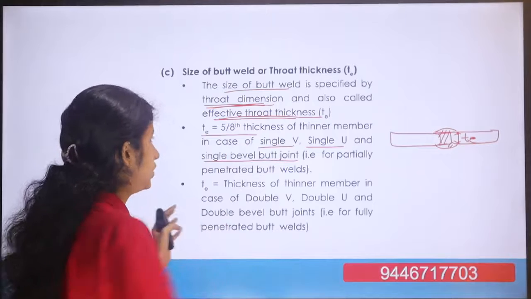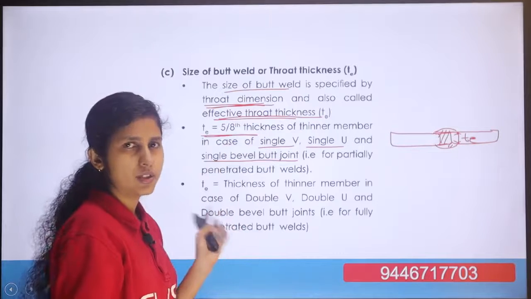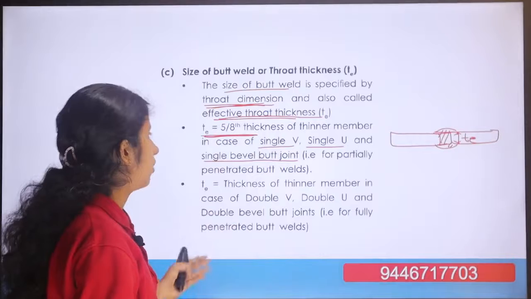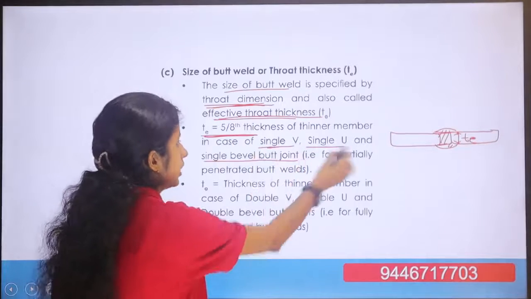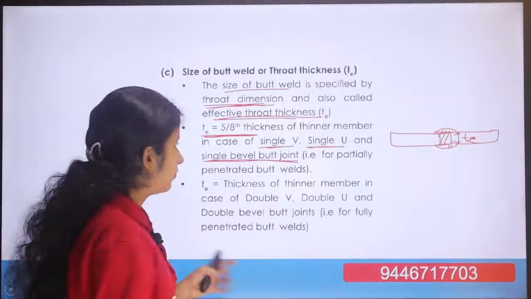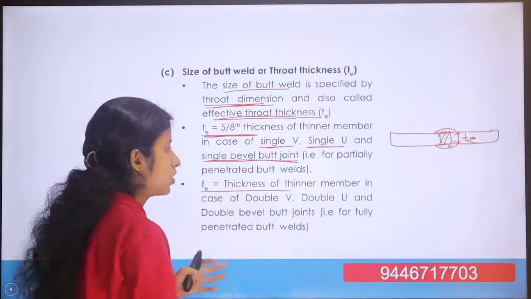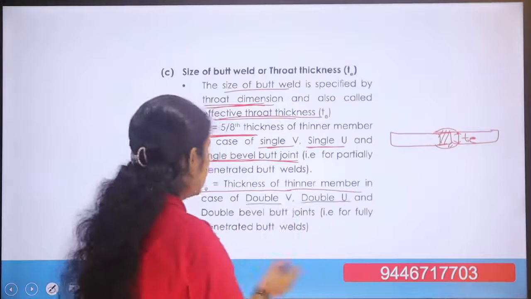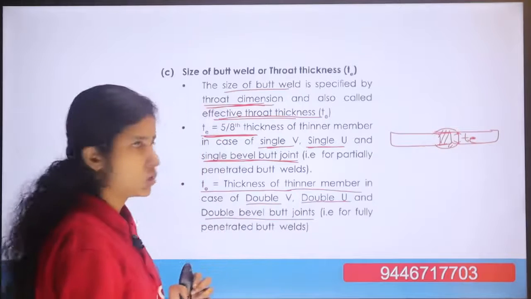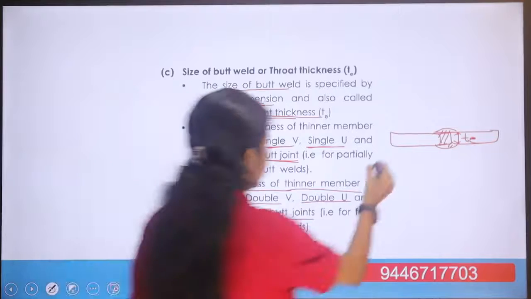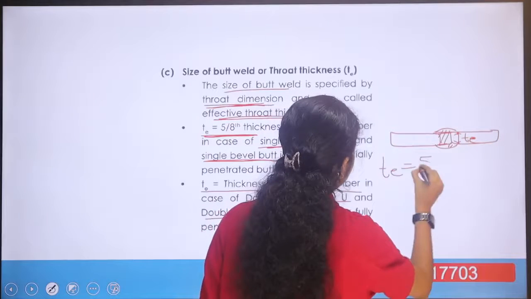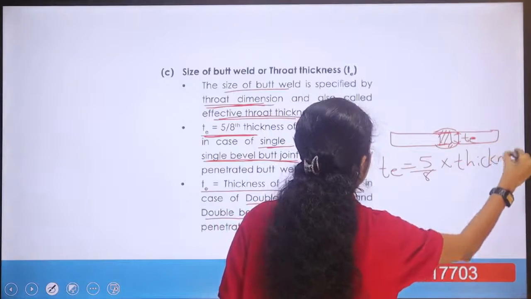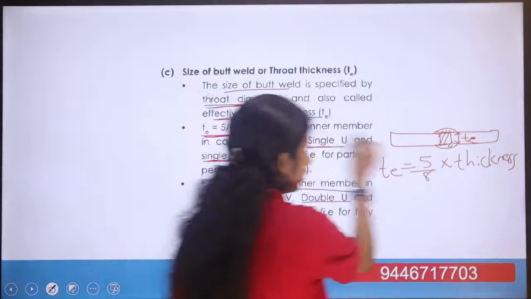TE is about 5 by 8 of the thickness of the thinner member in the case of a single V, single U and single bevel butt joint, and TE is equal to the thickness of the thinner member in the case of a double V, double U and double bevel butt joint.